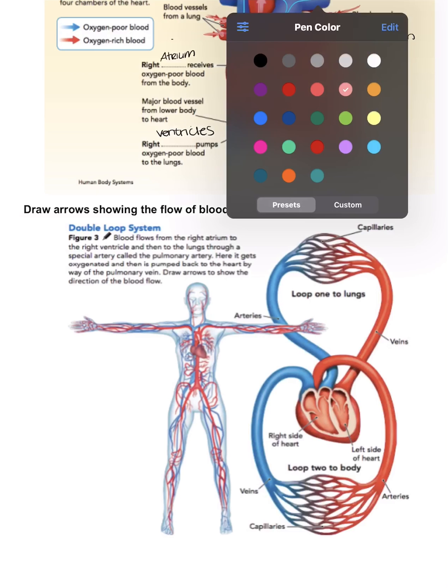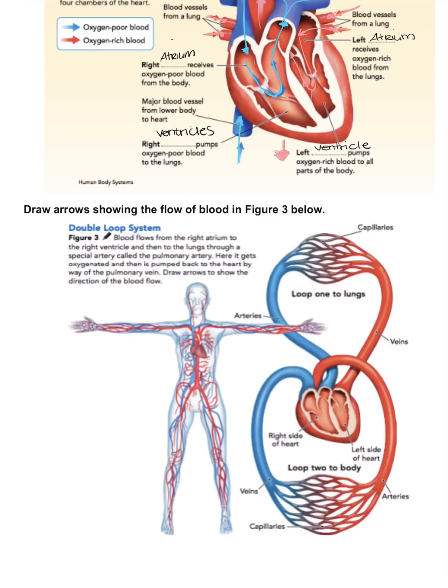If I'm tracing that other blue, I'm going to bring in my blood from the bottom parts of the body, also top parts of the body, and I'm going to put it into the right atrium. I'm going to push it to the right ventricle, and then I'm going to push it out, and I'm going to take it to the lungs.